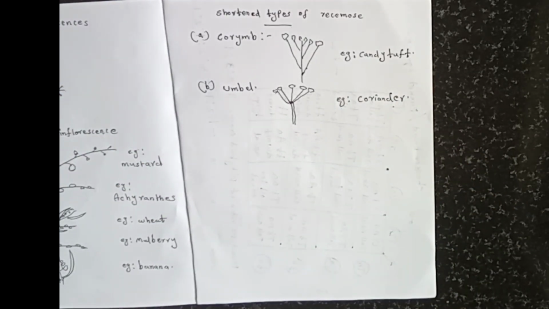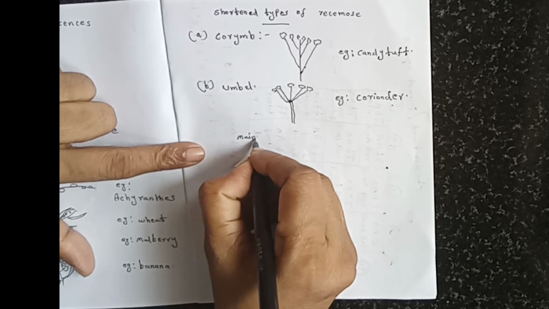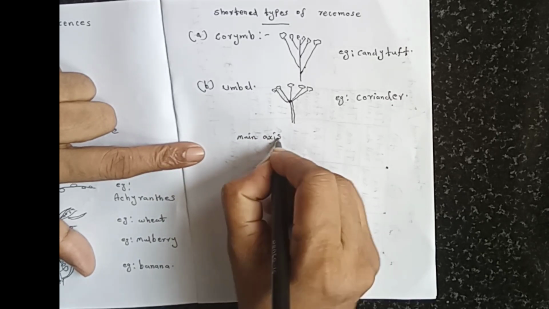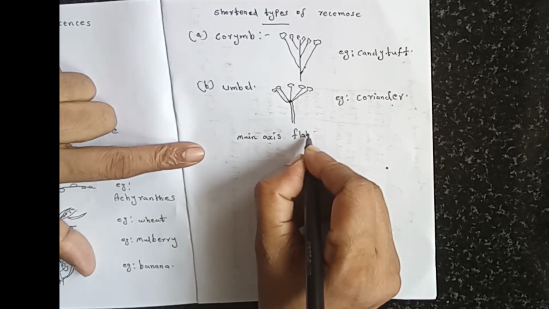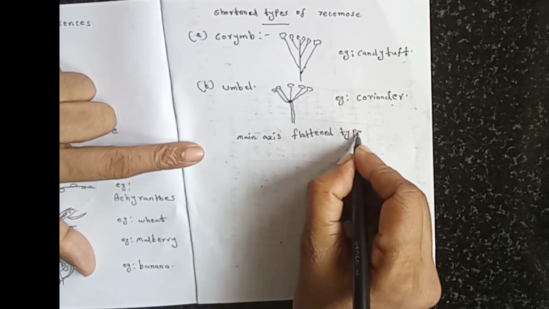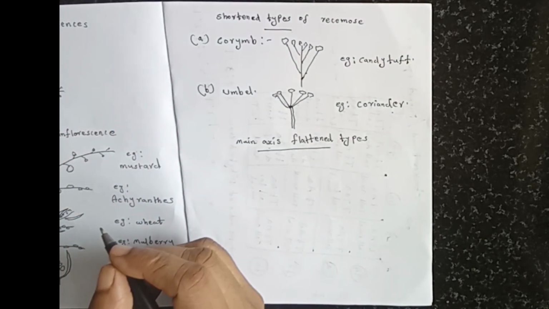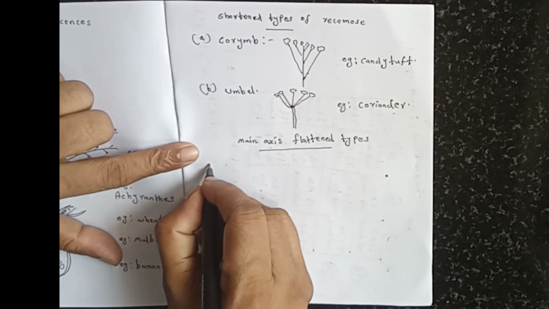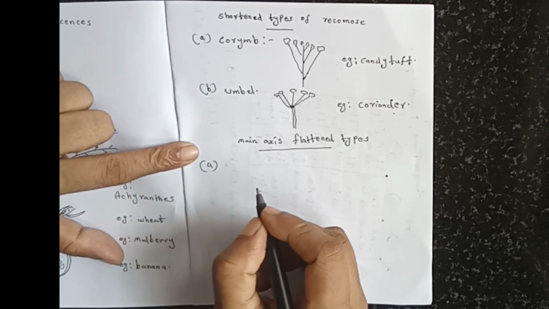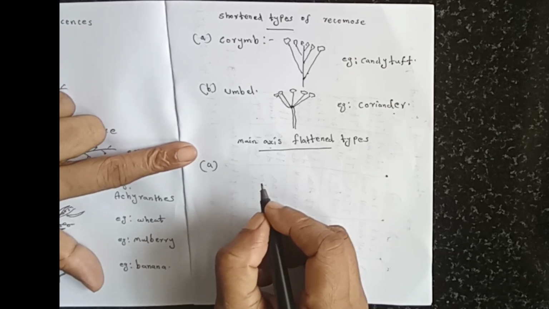Then another type, the main axis flattened type. Here first, head or capitulum type of inflorescence.